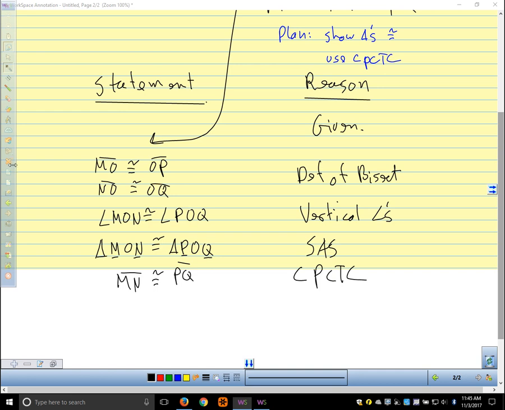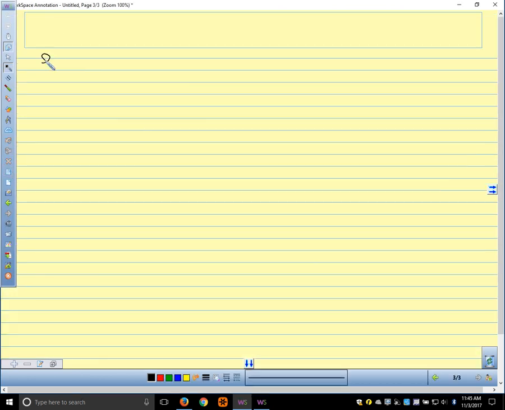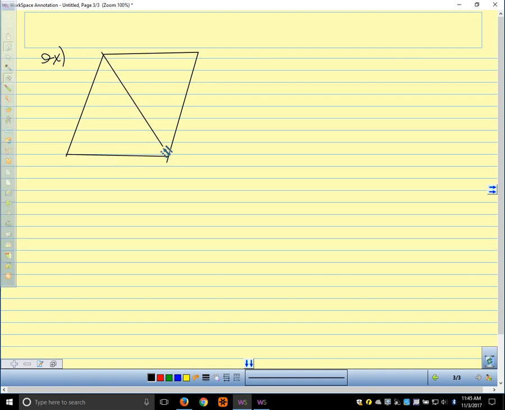All right, let's look at one more. So this setup is similar to our opener. We'll have a little bit different set of information. R, S, U, T. And I'm going to mark these and this.